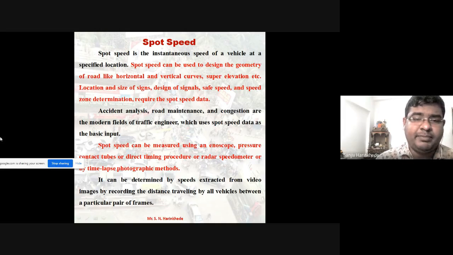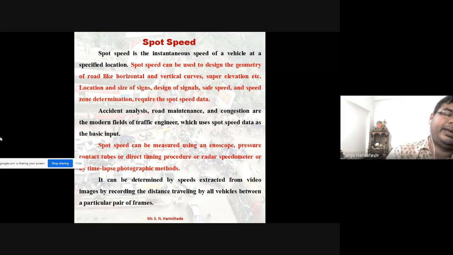Spot speed can be measured using in-scope, pressure contact tubes, direct timing procedure, radar speedometer, or time-lapse photographic methods. It can be determined by speed extracted from video image by recording the distance travelled by the vehicle between a particular pair of frames.